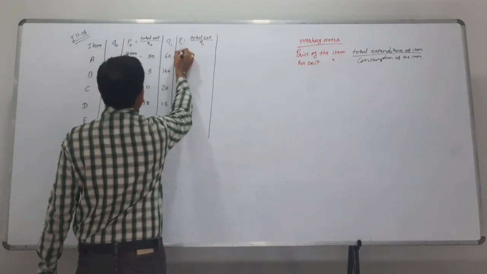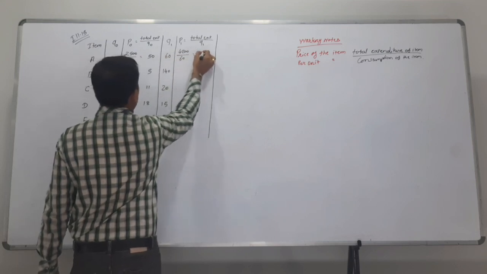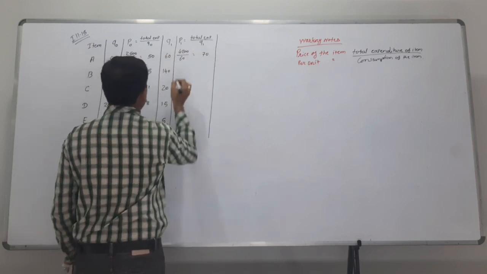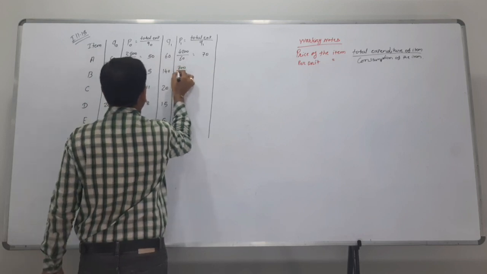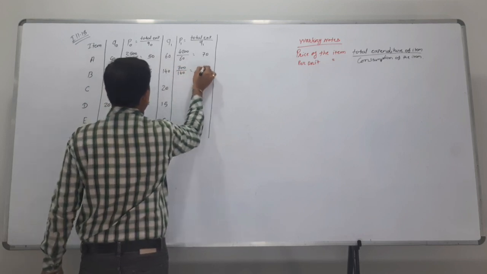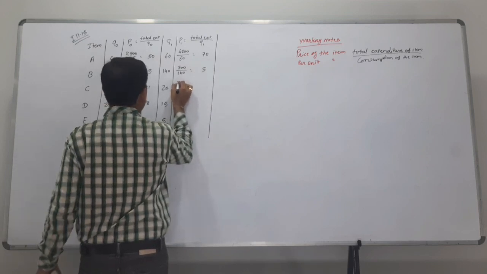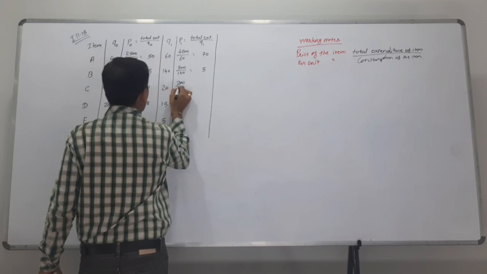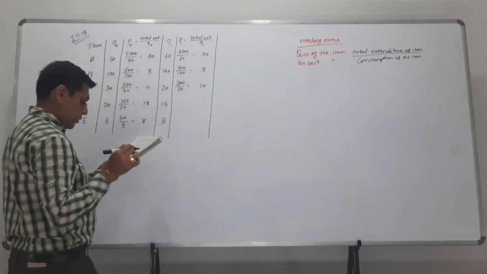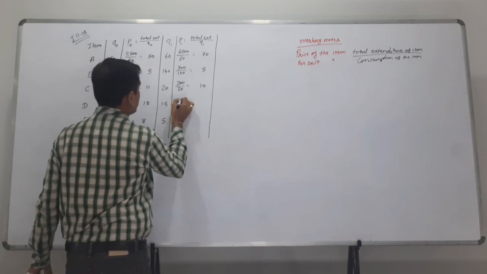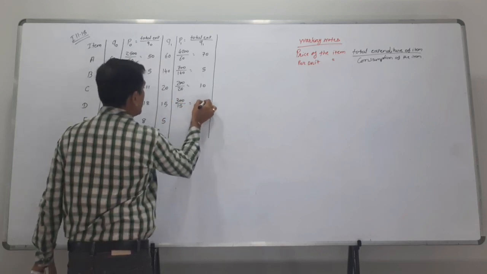So here 4200 divided by 60, that is 70. Then 700 divided by 140, that is 5. Then 200 divided by 20, that is 10. Then 300 divided by 15, that is 20.